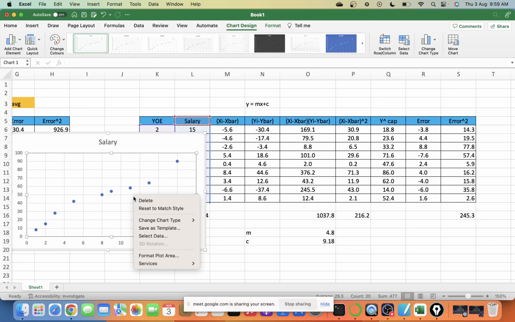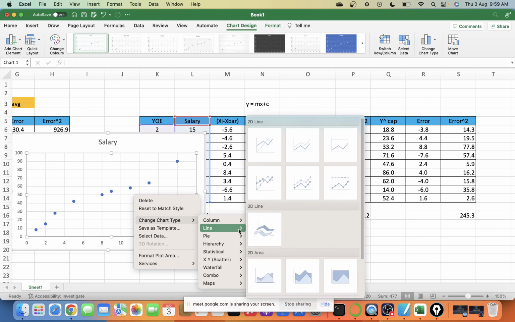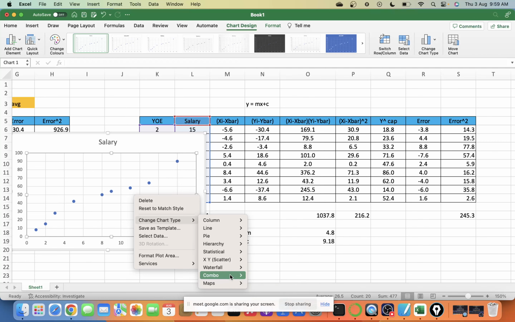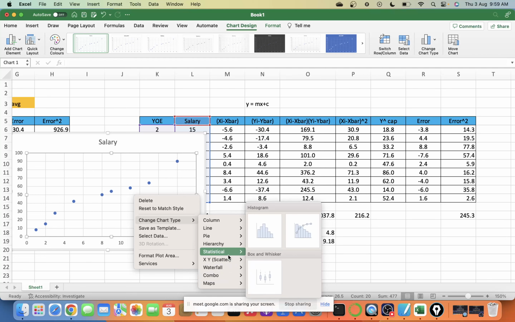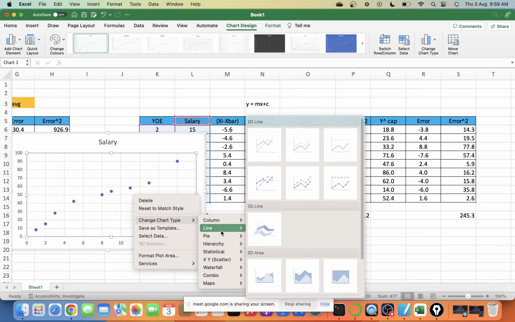How do we get the regression line in between here?